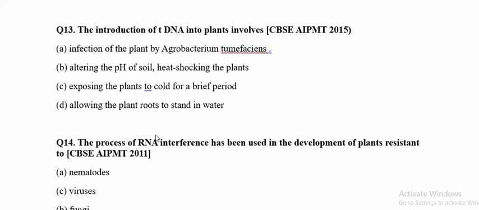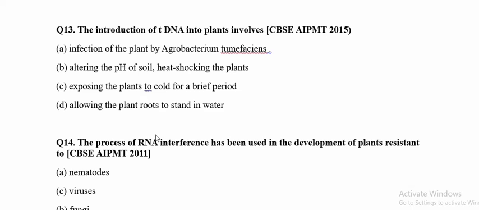So what happens? The tDNA is found in the pathogen Agrobacterium tumefaciens. Agrobacterium tumefaciens is a plant pathogen, and it contains the tDNA. When a plant is infected with Agrobacterium tumefaciens, the tDNA from it enters into the plant.